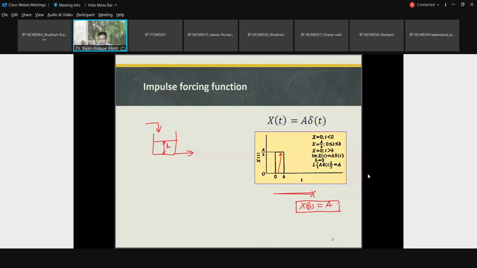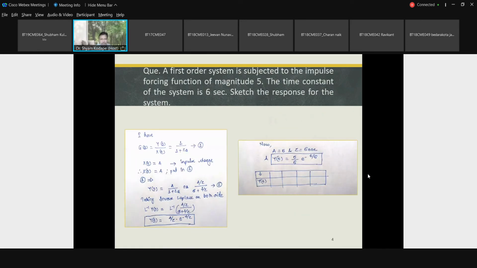Generally that thickness is very, very small, negligible. It is just like a peak only. So the ultimate aim is, what is the nature of X(s)? X(s) will be of magnitude of that change only. Agree?